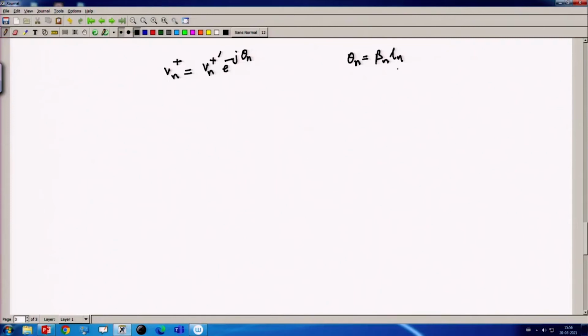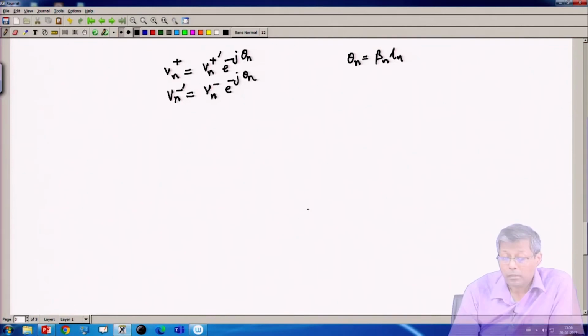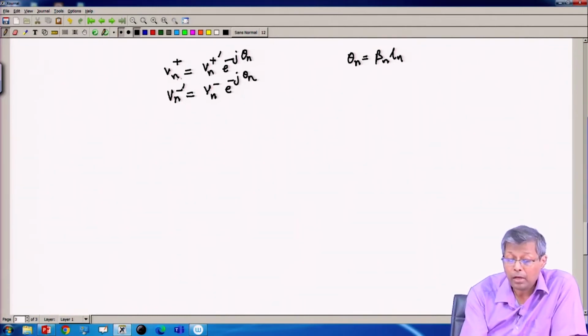Theta n is the electrical length of the line corresponding to the physical length of ln. So, these two relationships can be easily written because Vn and Vn plus differ by a phase of e to the power minus j theta n.